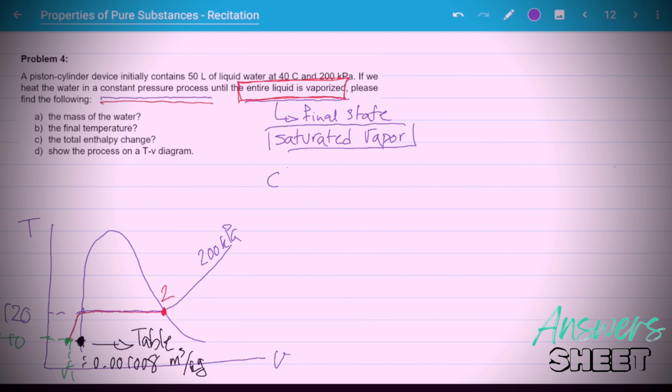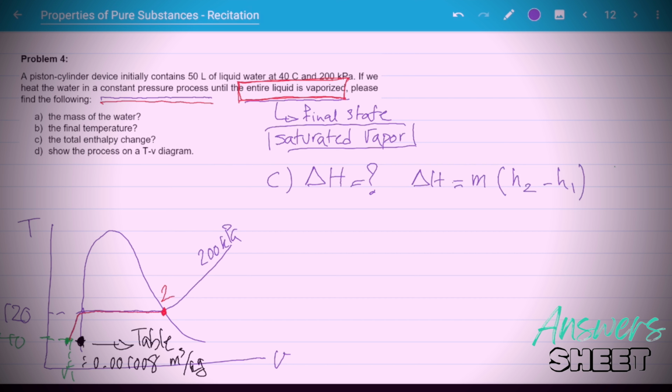Okay, for part C, we are asked to find the total enthalpy change. Now, when you see the total enthalpy or total internal energy or anything with the word total behind it, it means that we are talking about the extensive property. So we are asked to find the change of capital letter H. Now, the change of capital letter H for our case is the mass of the system times the change of small letter h, right?